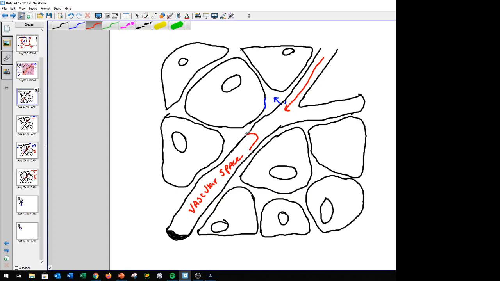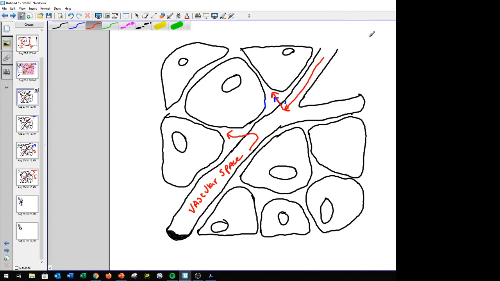It's going to go out here to the interstitial fluid compartment. Okay. So why would we want it? Why would we need something to leak out here? Well, I'll tell you why.